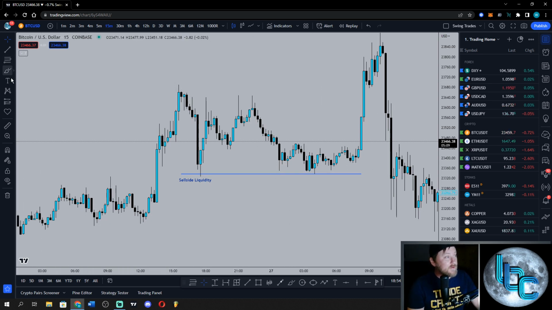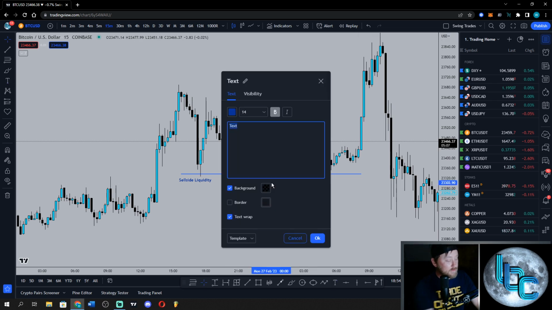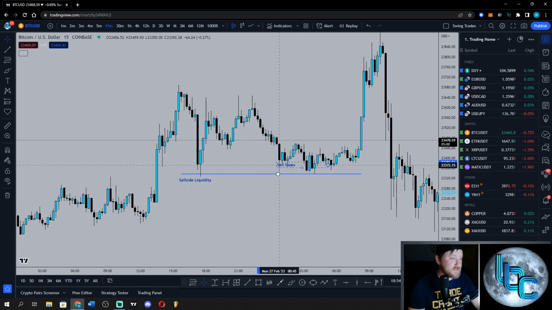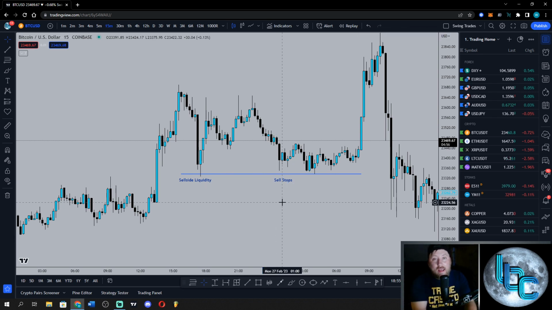Also, we have what is called sell stops, which is part of the liquidity. Now, why is it called sell stops?